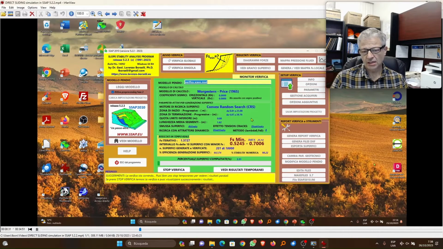Of course, running the simpler methods of evaluation with convex random search, that is a brute force engine based on Monte Carlo analysis, we found rapidly a very low condition of stability, practically totally unstable.